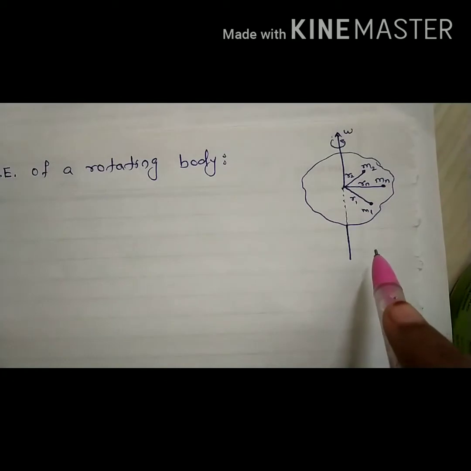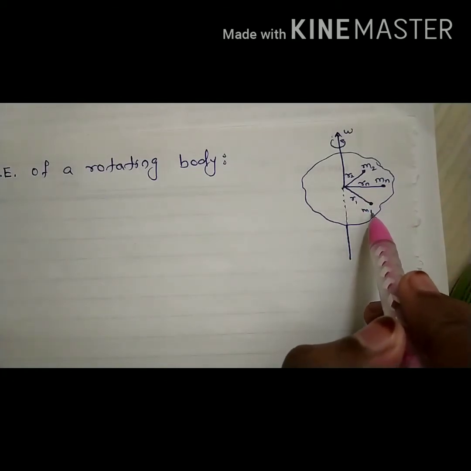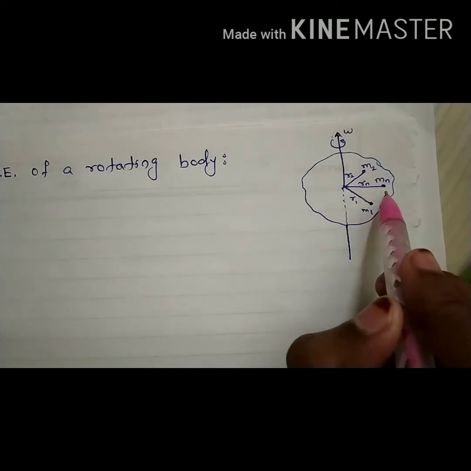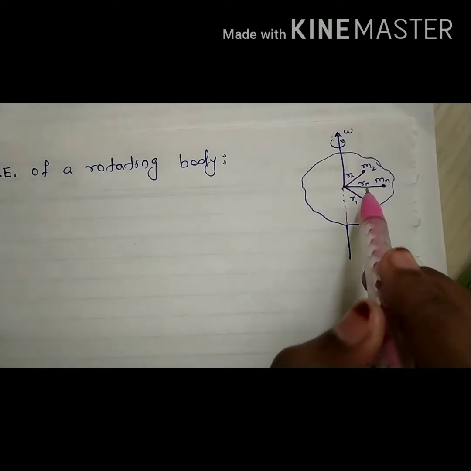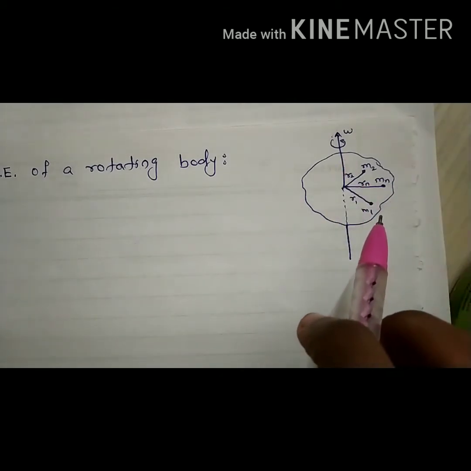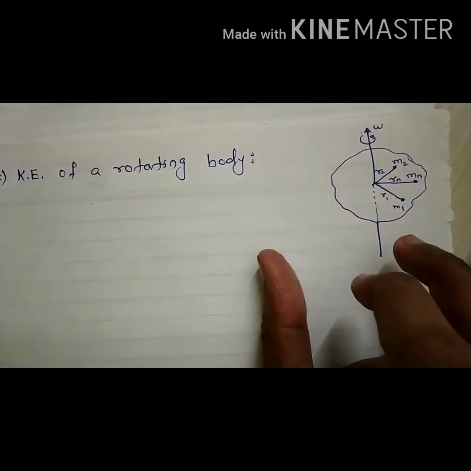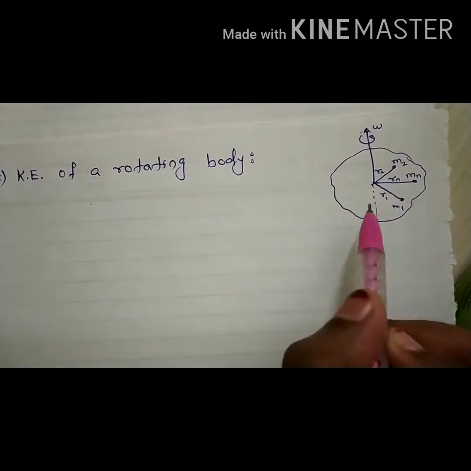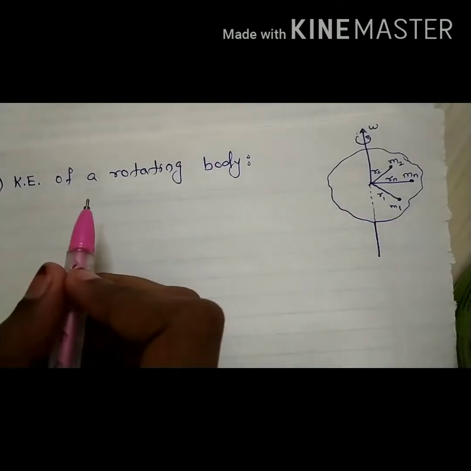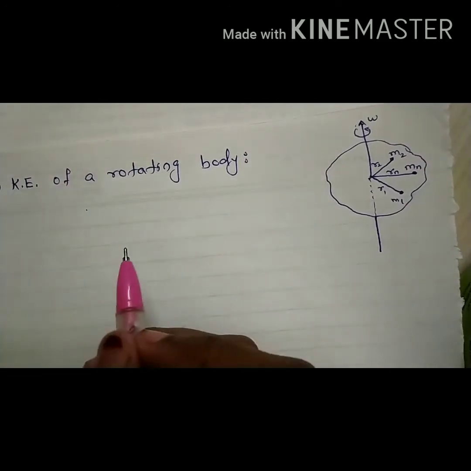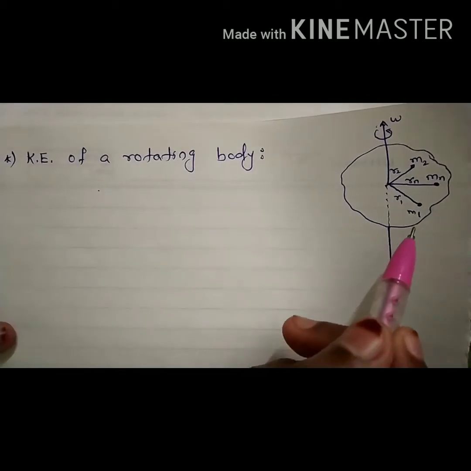Let's consider some particle of mass m1, particle of mass m2, particle of mass mn, which are at distances r1, r2, rn from the axis of rotation. We have to calculate kinetic energy of this whole body. For this, firstly I am going to calculate the kinetic energy for the particle of mass m1.